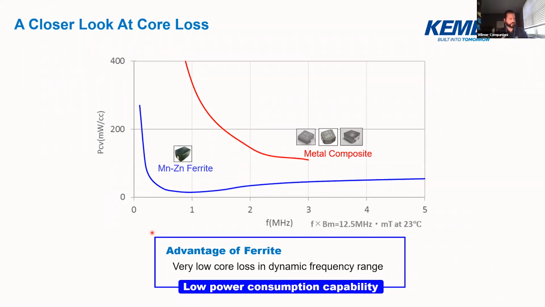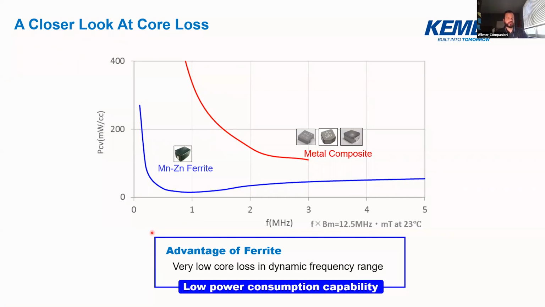Ferrite inductors, as I mentioned, have generally lower core loss than their metal composite counterparts, especially as it pertains to the switching frequency. In the case of metal composite inductors, their core loss starts to go down as you increase in frequency. And in the case of ferrites, it starts off fairly low and somewhat stabilizes.